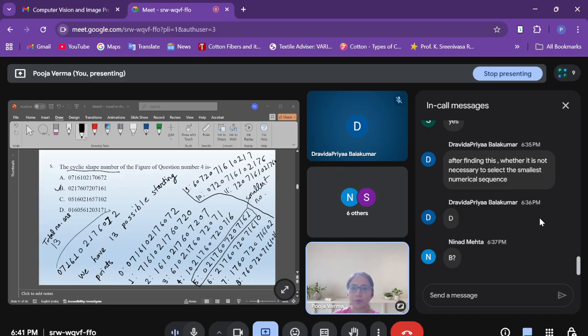Okay, so I hope all of you have understood how to find the cyclic shape number from the given chain code. Otherwise, if some sequence is given, they can ask about the cyclic shape. So I think you can find it like this.